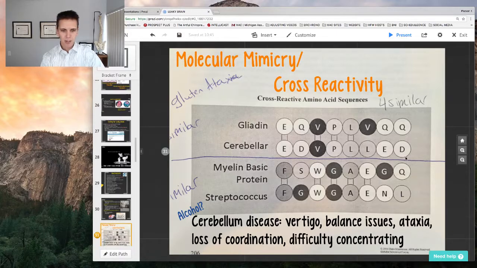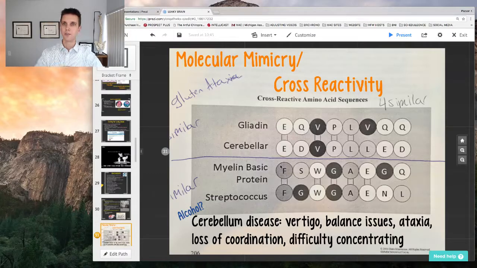Right underneath this blue line here, this is also demonstrating the myelin basic protein and an amino acid sequence for streptococcus, the bacteria strep. When you compare that to myelin basic protein, myelin is the protein that surrounds our nerves.